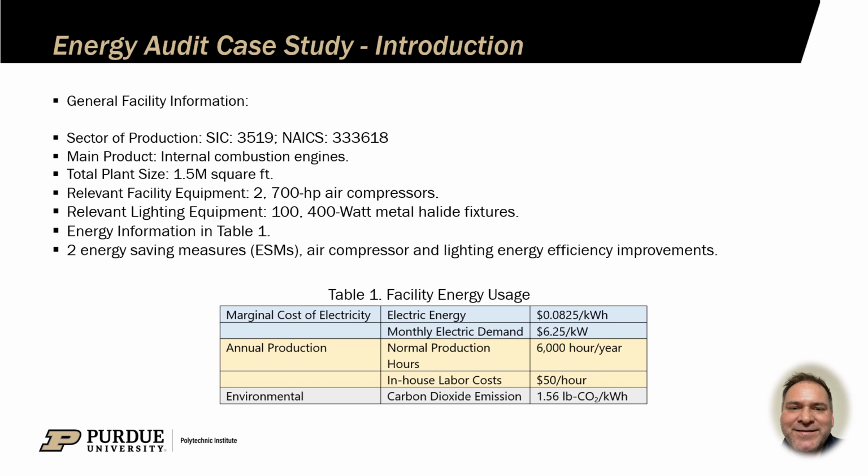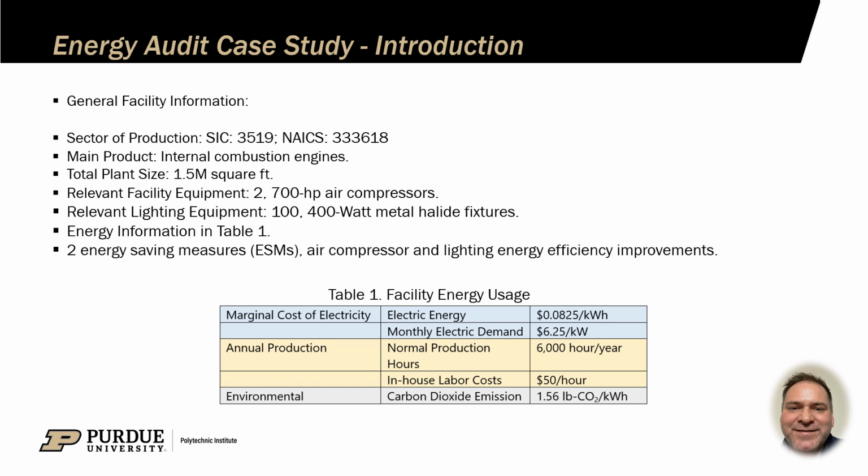Here in slide 2 of this energy audit presentation, we are addressing a specific case study, and this slide serves as an introduction. We're looking at a sector of production with SIC code 3519 and a NAICS code of 333618.